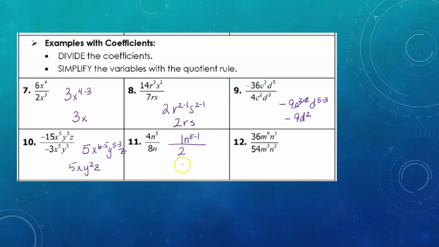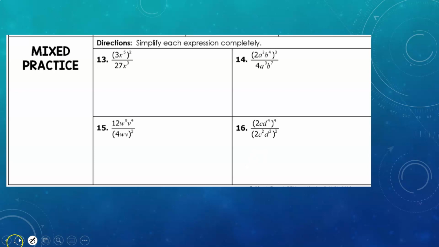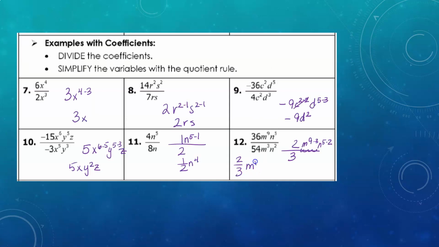So you can write it like this, 1 half n to the 4th. 36 m to the 9th n to the 5th over 54 m cubed n squared becomes, if you reduce it like a fraction, 2/3 m to the 9 minus 3 power n to the 5 minus 2. You can write it like this, 2/3 m to the 6th n to the 3rd.